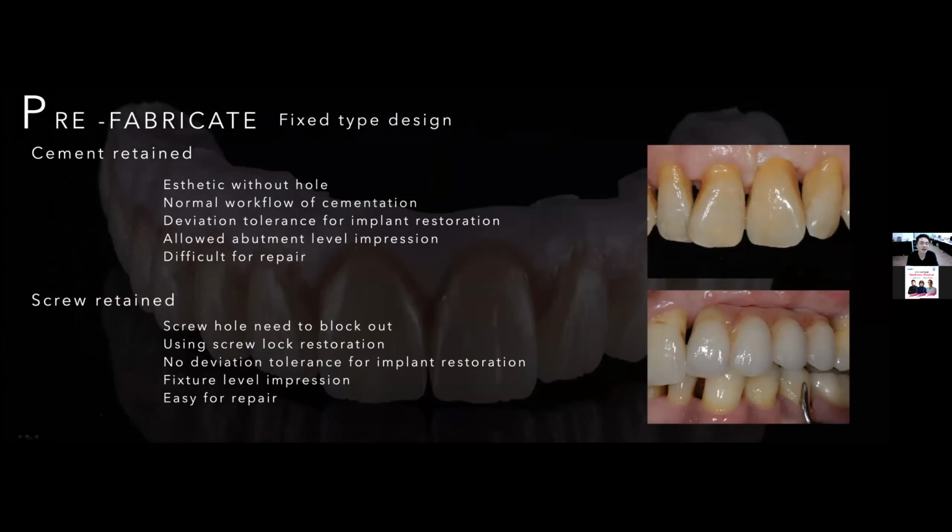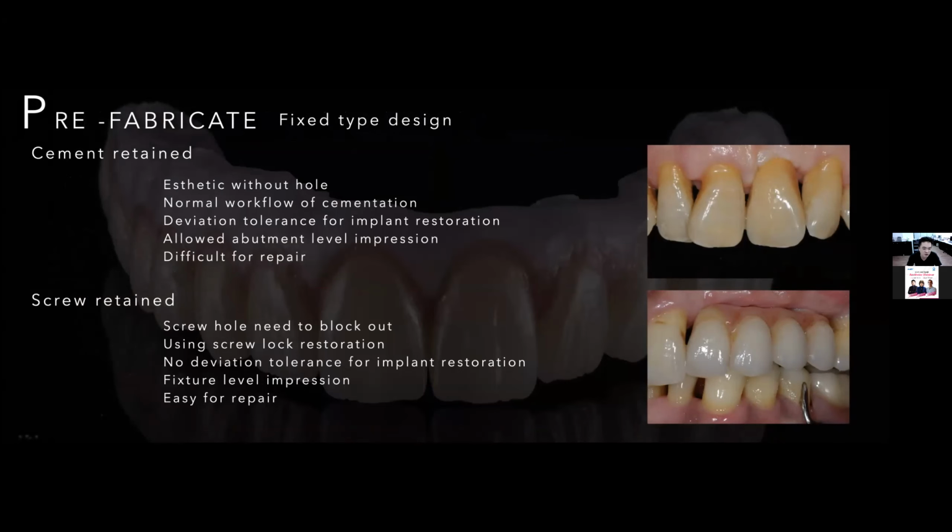Sorry. And when we want to create and design a cement retain restoration, we must think about the advantages of the cement retain. The cement retain is like the normal restoration.